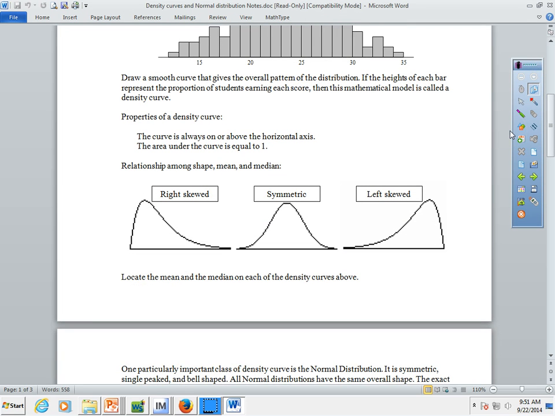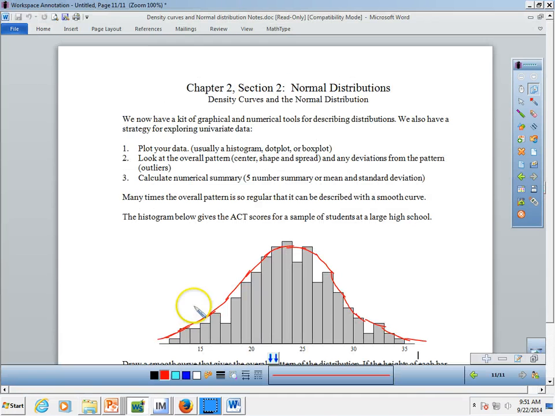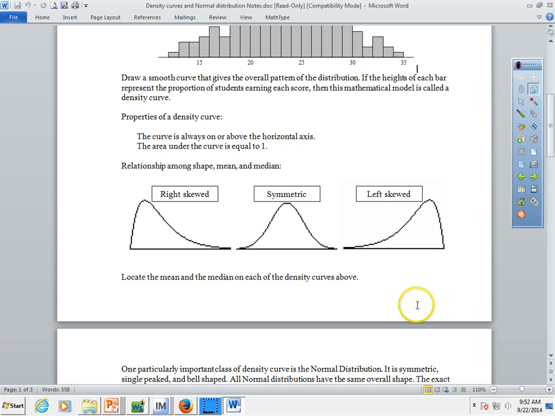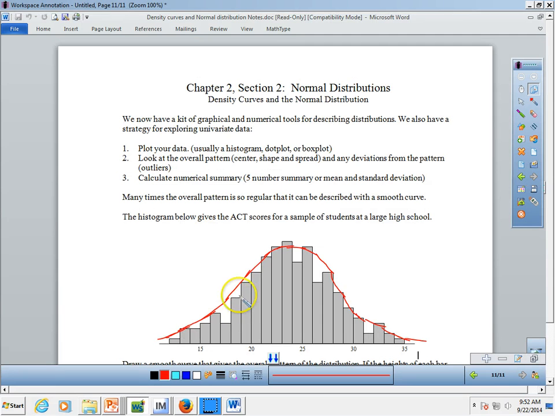We have properties of a density curve. It's got to be all on or above the horizontal axis. We talked about that before. The idea behind the curve is that it captures all of your individuals the best that it can, so the area under that curve needs to be equal to 1. Since we're talking about the area under the curve, that's how we figure out what proportion of individuals.